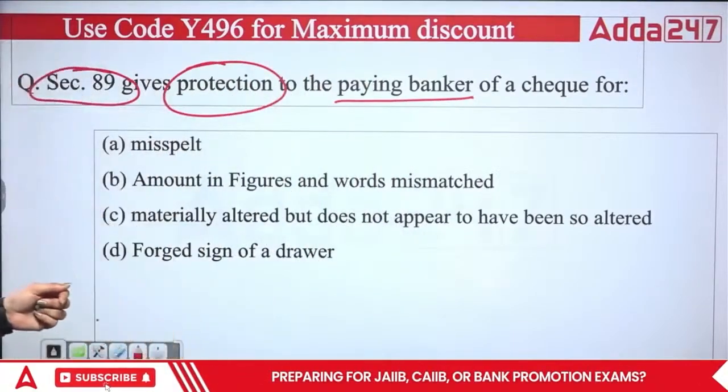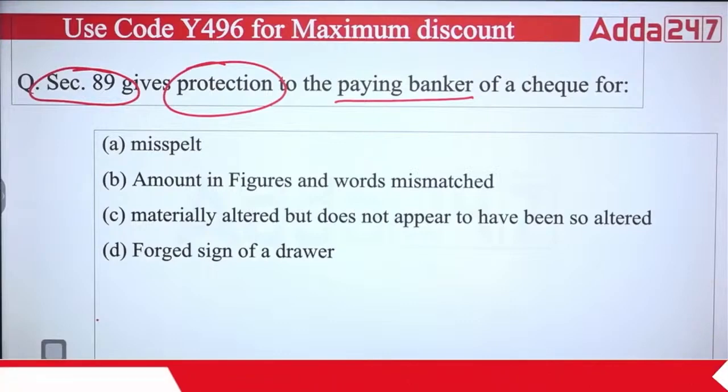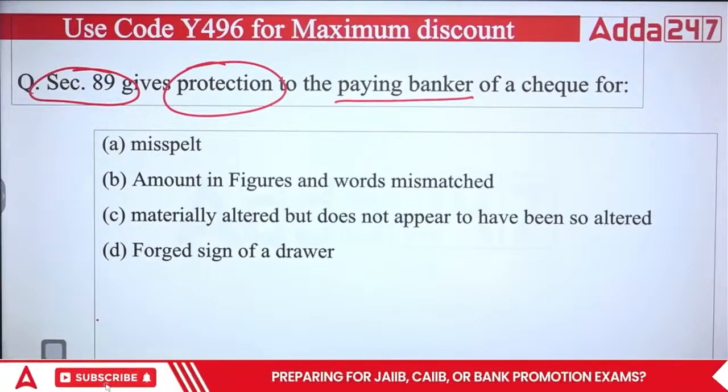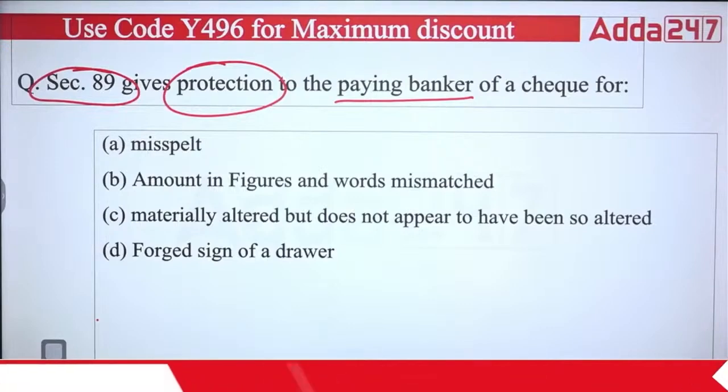First, second, third or fourth. It will be in case of misspelled, amount in figures and words mismatch, materially altered but does not appear to have been so altered. And the last one we have is for sign of a drawer. Let me know which of the following is correct.